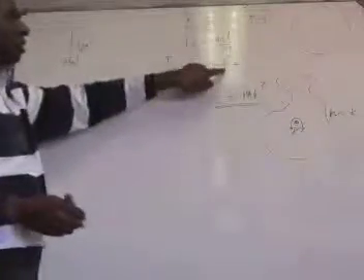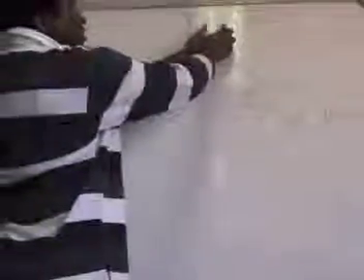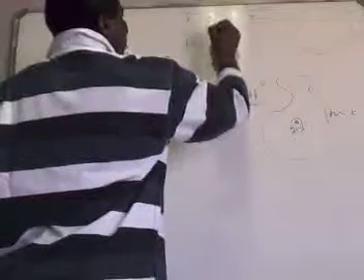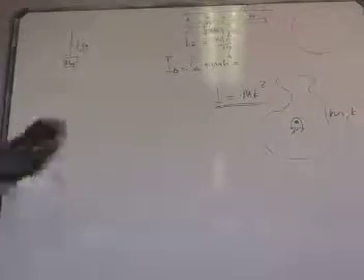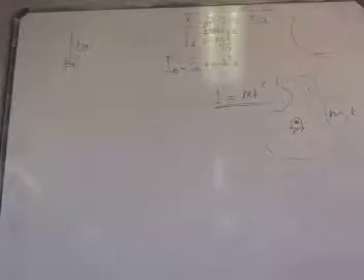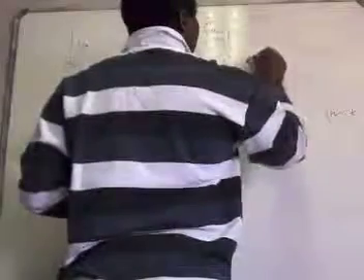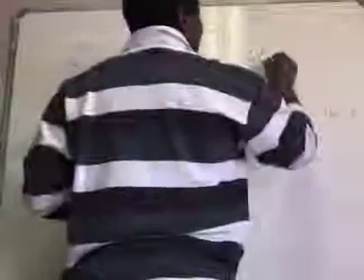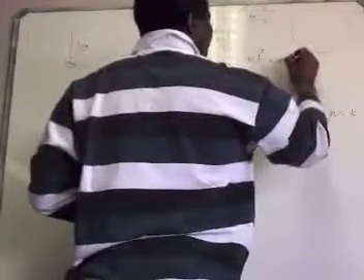What is our H this time? Suppose this is L over 4, and this is L over 2. Now I've taken the midpoint of the midpoint. So it's going to give us ML squared over 12 plus M times L over 4 squared.